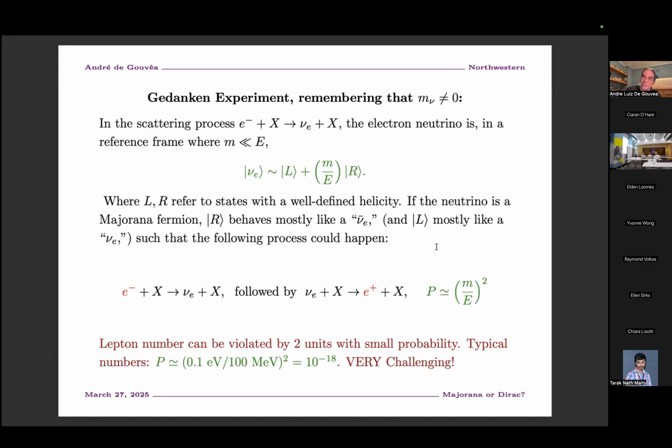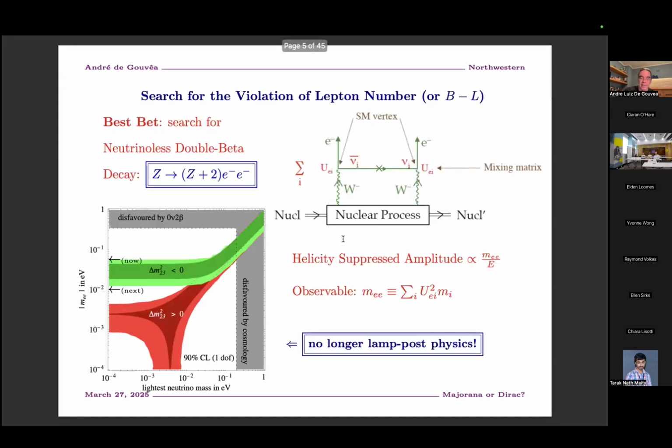And the probability for this to happen is proportional to this m over E factor squared. This turns out to be a very, very tiny number. That's what makes this kind of search very difficult. The usual way to look for this is to look for neutrinoless double beta decay. That's the thing I'm not going to be talking about very much, but I do want to emphasize that double beta decay is kind of like the process I was describing before, but turned on its side.